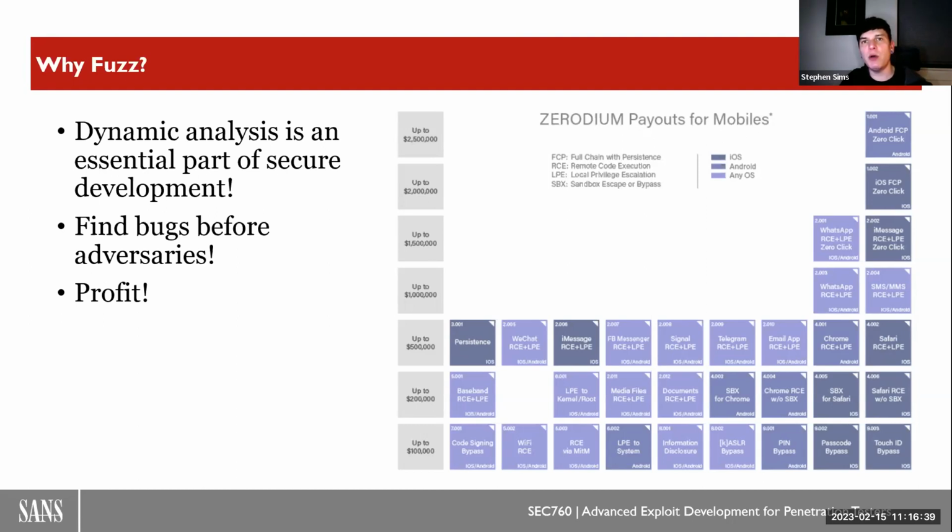So fuzzing is what we use, or one of the ways in which we are able to find bugs. But just because you find a bug doesn't mean it's something that's exploitable. Determining whether or not something's exploitable, that's another piece of the overall puzzle. We need to find a bug. We need to determine if it's exploitable. And then we need to debug it and weaponize it.